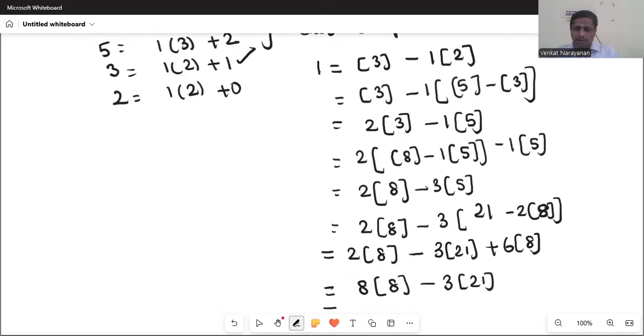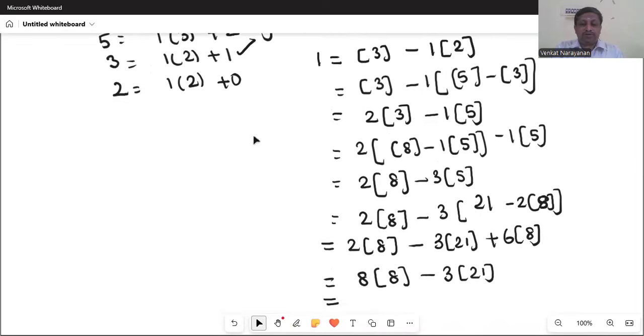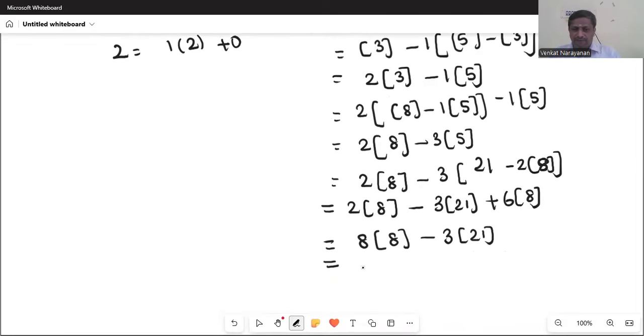Like the previous step, 8 can be written as 50 minus 2 times 21. So 8 times 50 minus 2 times 21, minus 3 times 21.